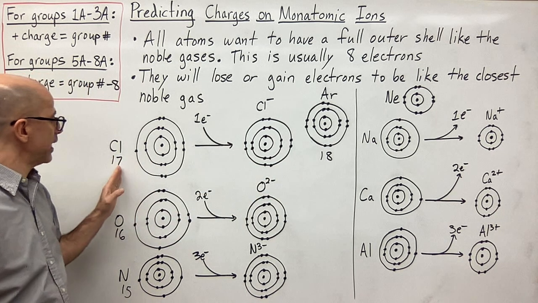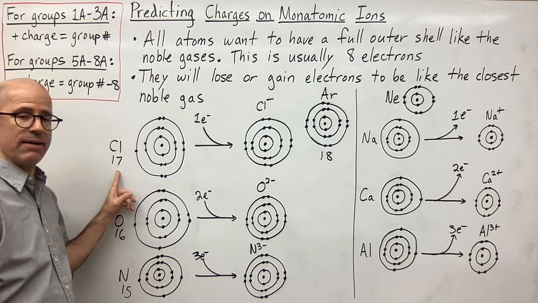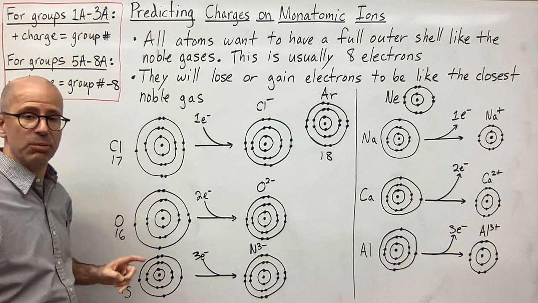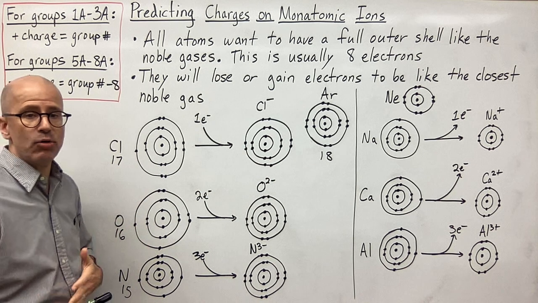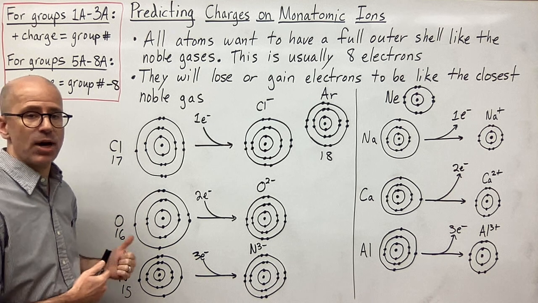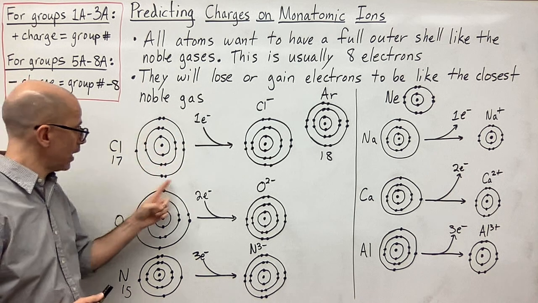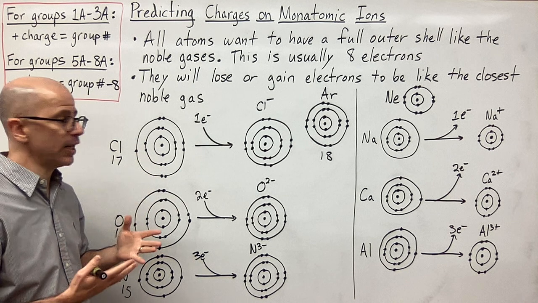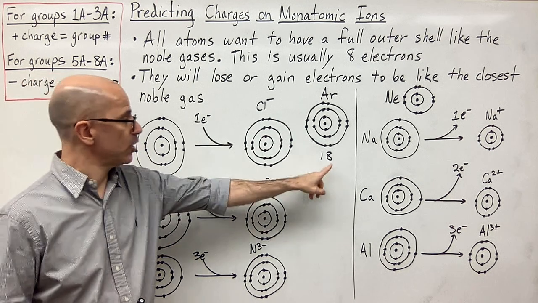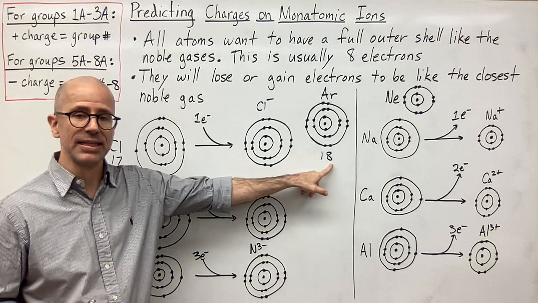So how is it going to be like argon? Well, it's number 17 on the periodic table. Therefore, it has 17 protons and 17 electrons. So it wants a full outer shell. It's going to gain one more electron to be like argon. Notice argon is number 18 with 18 electrons.